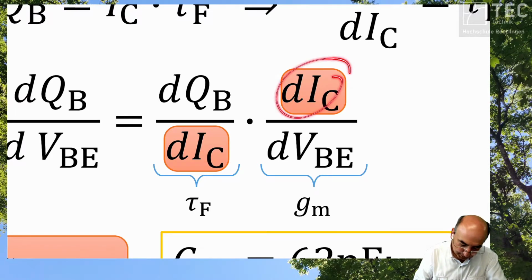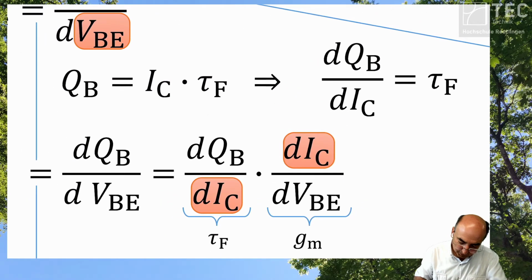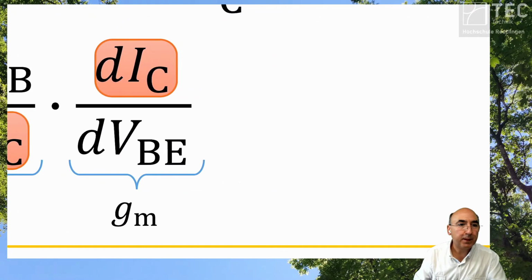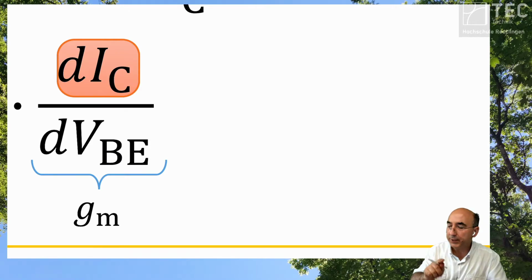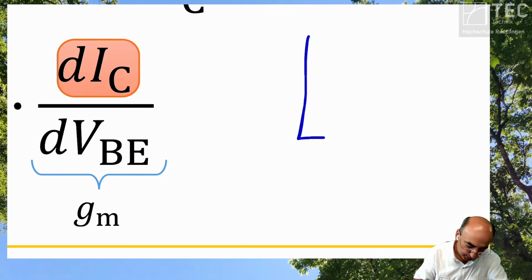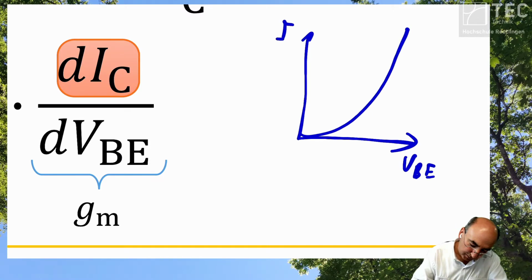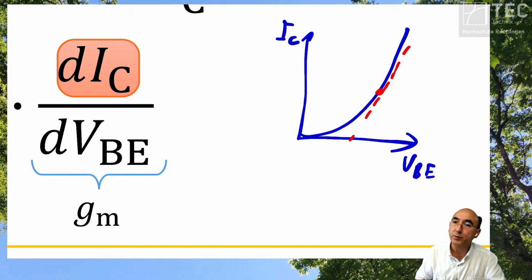Just add this one. Now, we take a closer look at only this equation. And here you see that VBE is a function of IC in a certain bias point, and you get the slope.